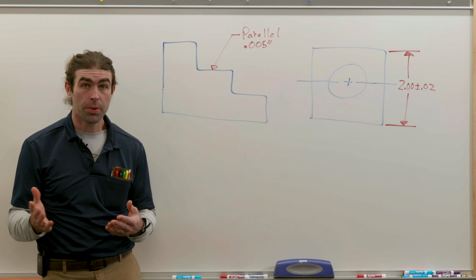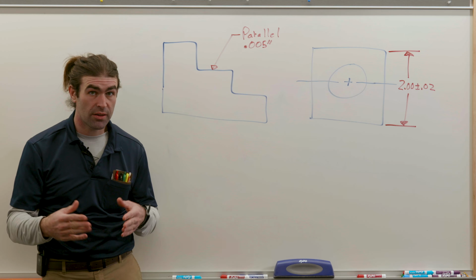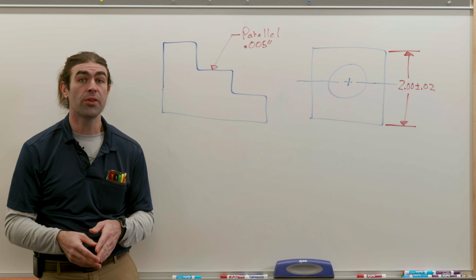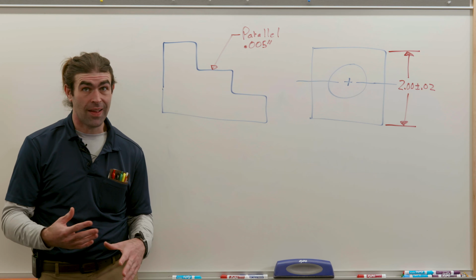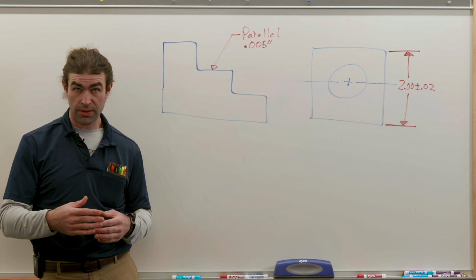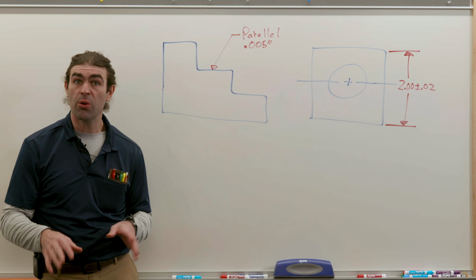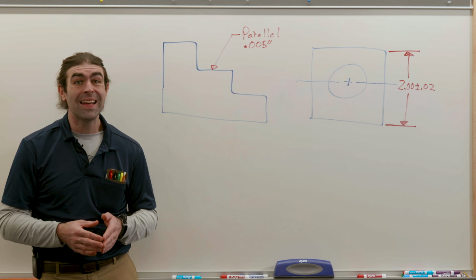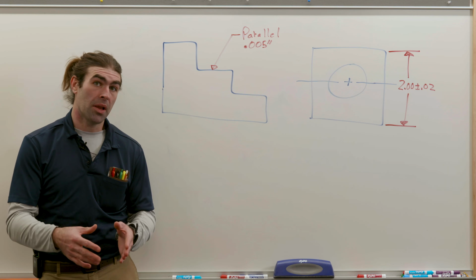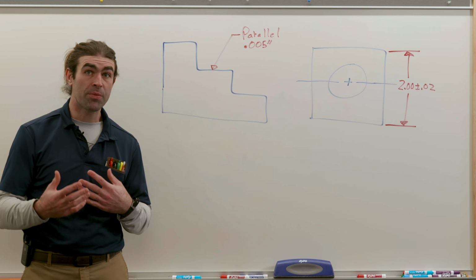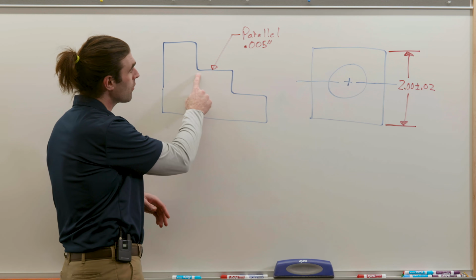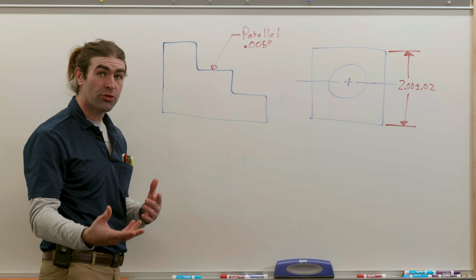We've got a stepped block with a leader directed note that indicates parallel to 5 thousandths. This is definitely not allowed anymore, but if you look at drawings that are 50, 80 years old, you might see something like this. This is what's known as an implied datum. It's up to whoever is interpreting the drawing to decide what this surface is supposed to be parallel to.